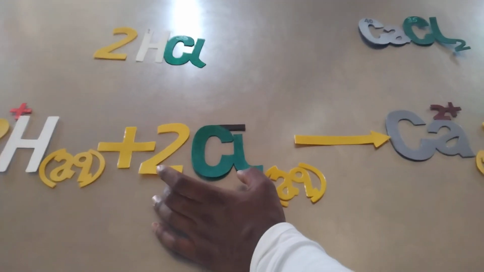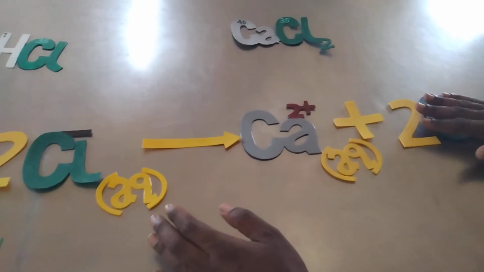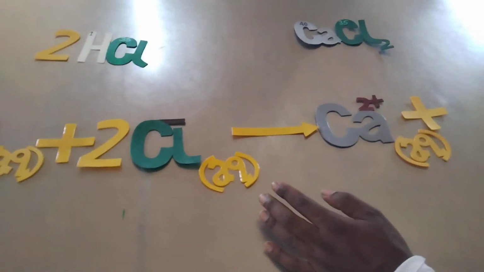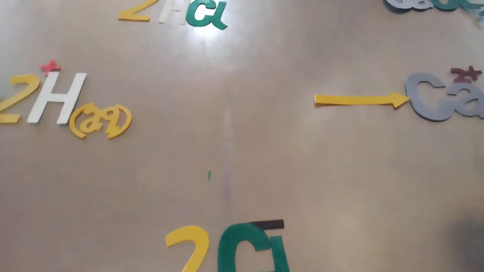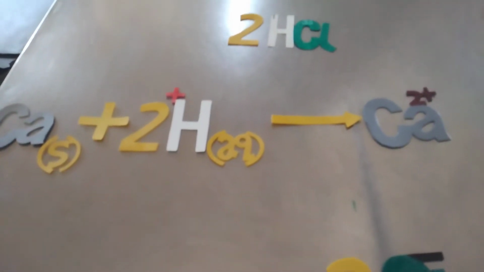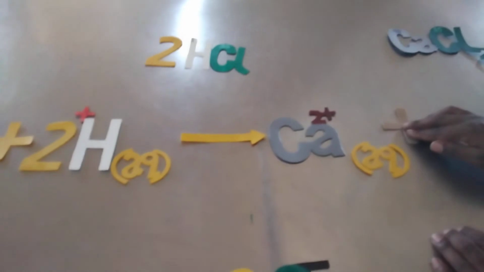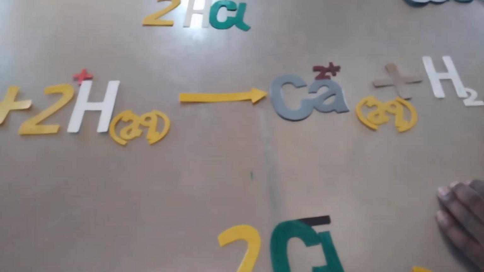Now we have chloride ions, 2 and 2 chloride ions. So these ones we are going to remove like this, and remove like this. Also remove these plus signs there. Then you are going to take that one back like that. You put your plus sign there. Then you bring your hydrogen gas like that.